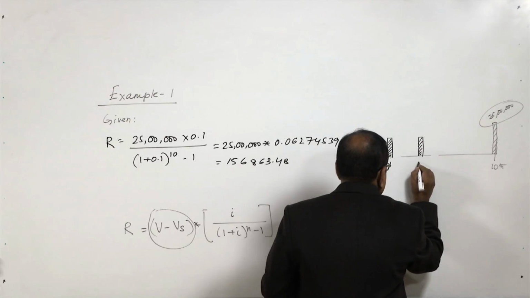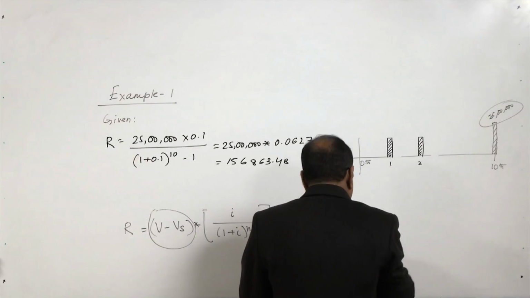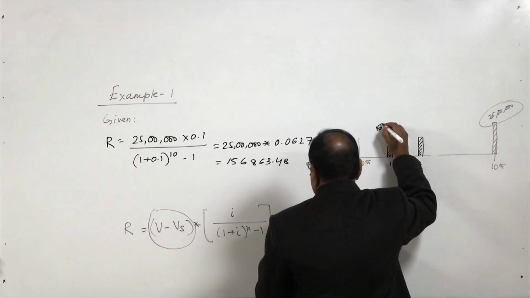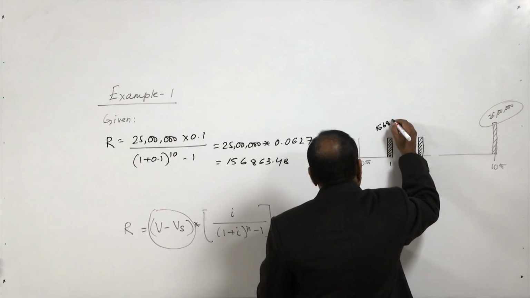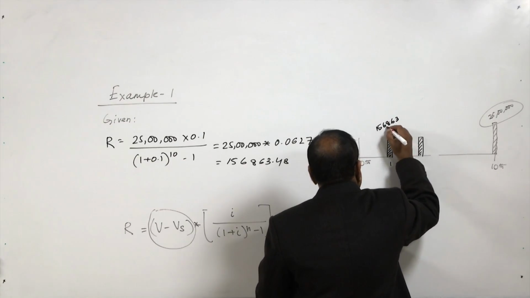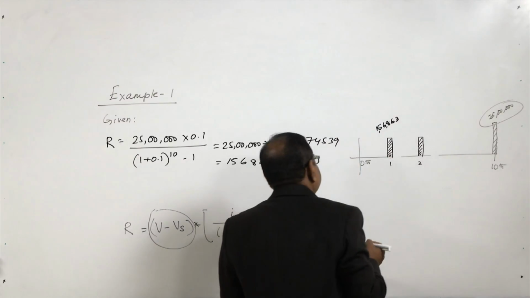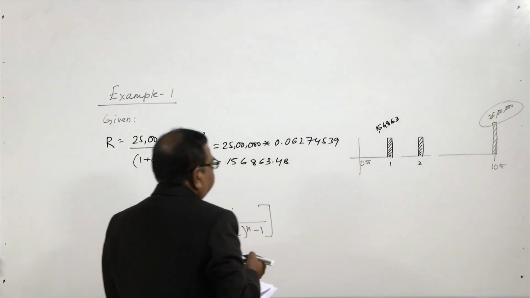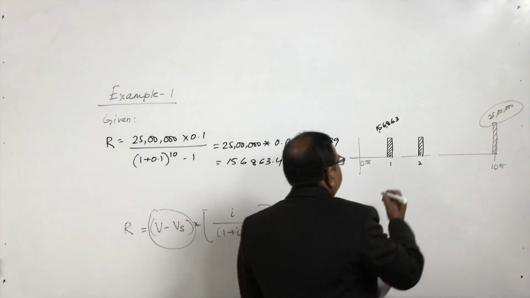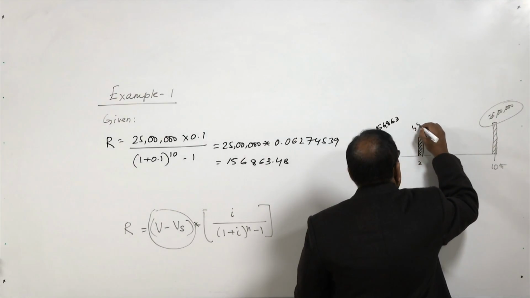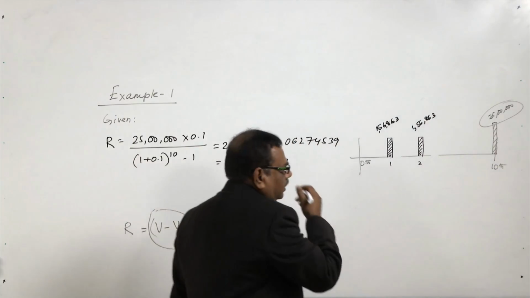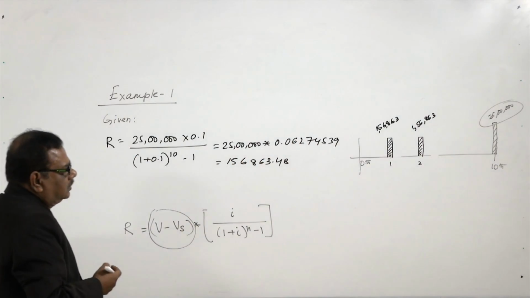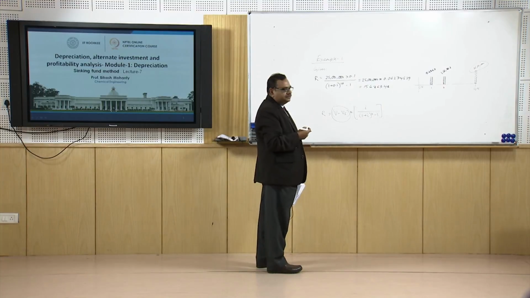This is year 1, this is year 2, and this value is 1,56,863. This will be the payment each year for depreciation.